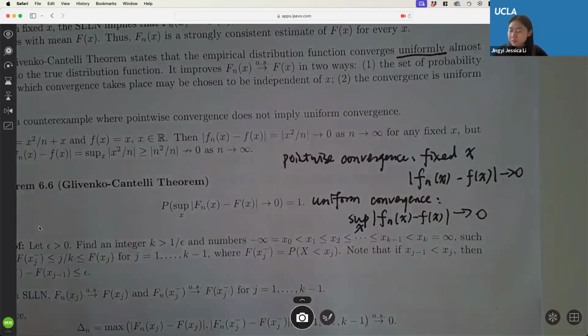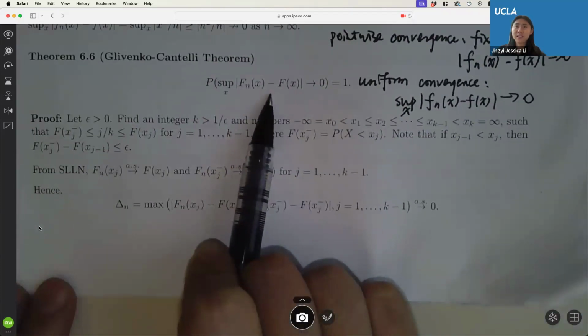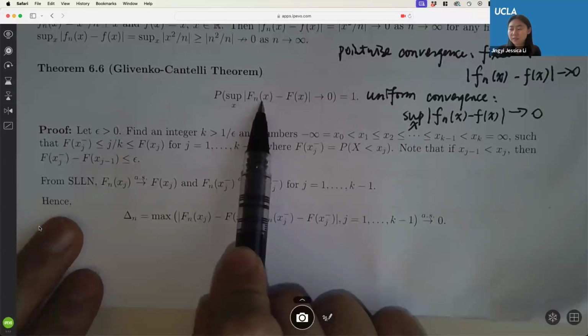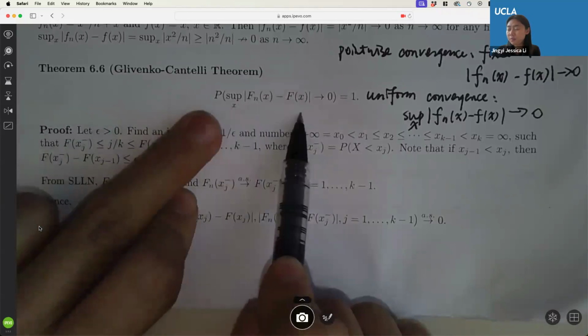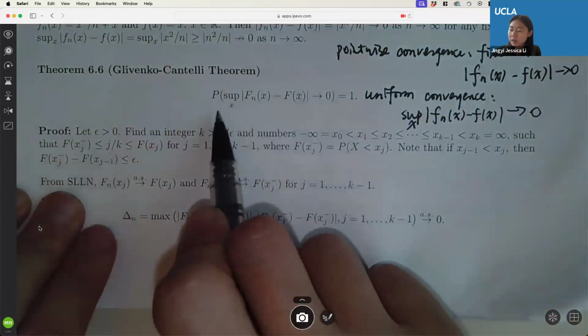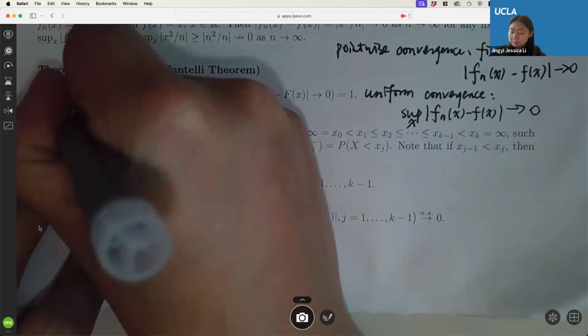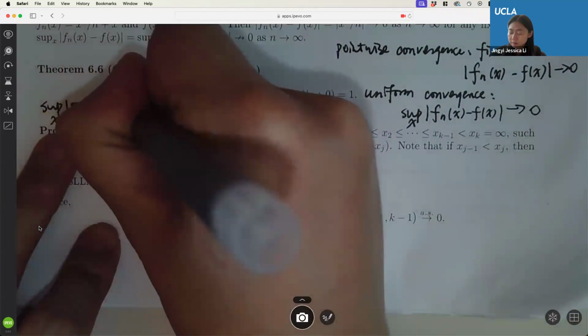But this Glivenko-Cantelli theorem actually gave us the uniform convergence of the empirical CDF function to the true CDF function. We have the uniform convergence happening with probability 1, which is very nice. So essentially, another way to write this is sup over x of |F_n(x) minus F(x)|.